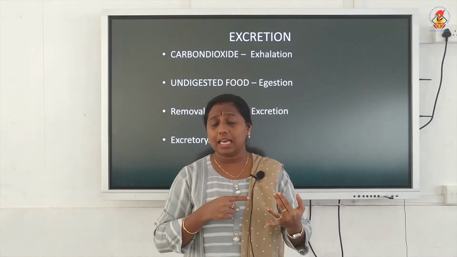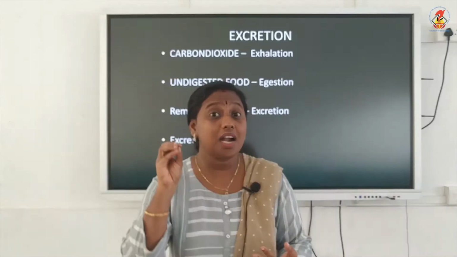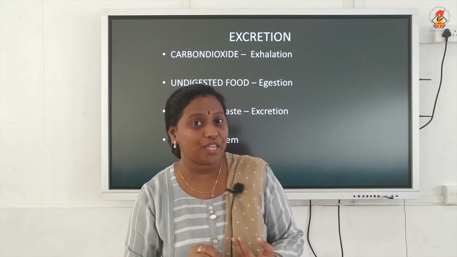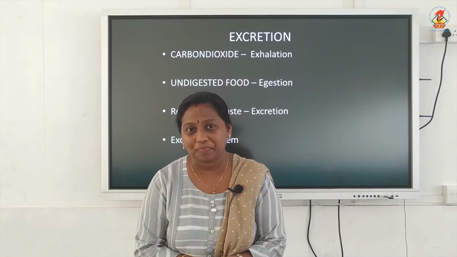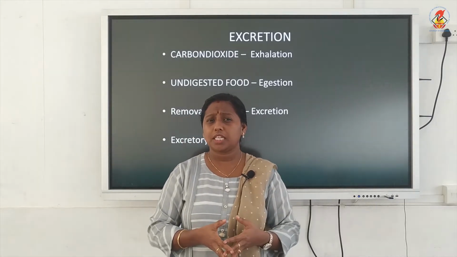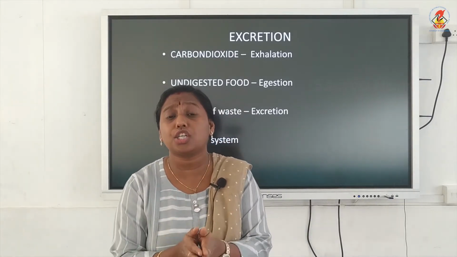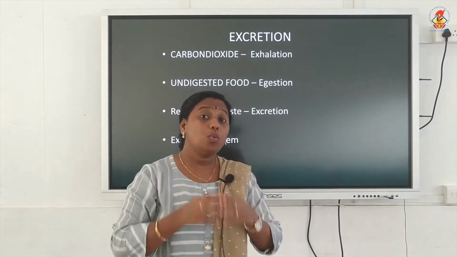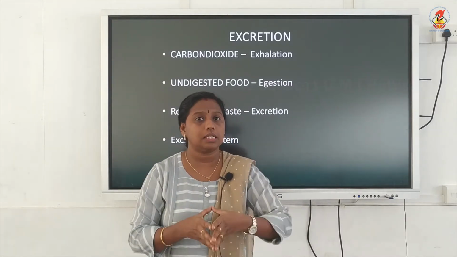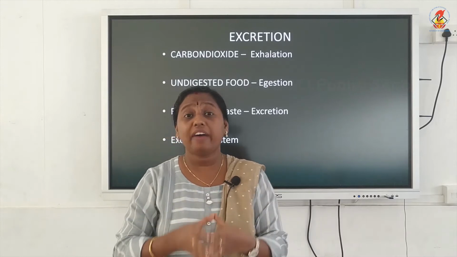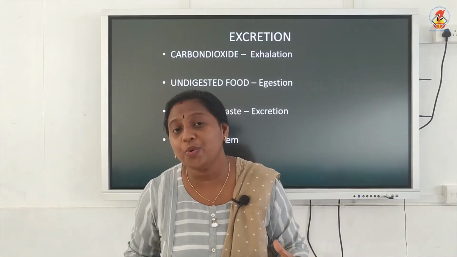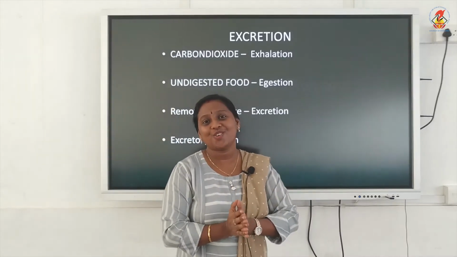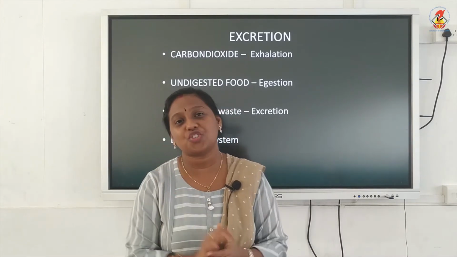The second example of waste is the undigested food in your small intestine produced after digestion. Other than these, there are a lot of other toxic waste materials which are produced within your cells and they have to be removed somehow from your body. This process of removal of all these waste materials is called excretion.